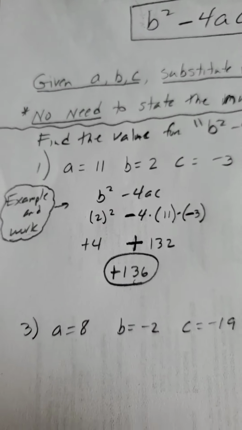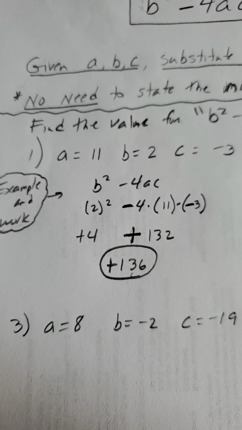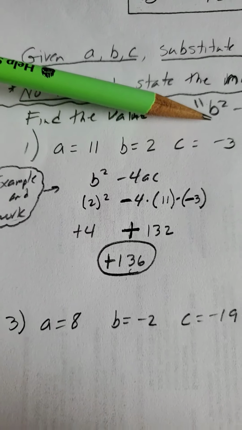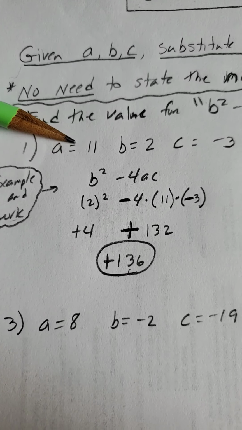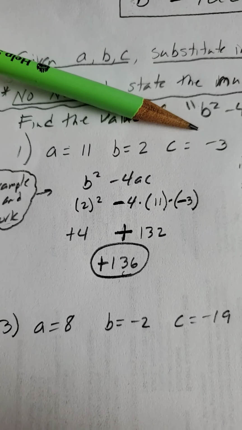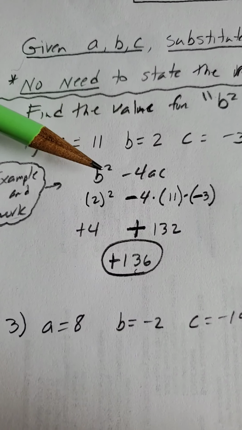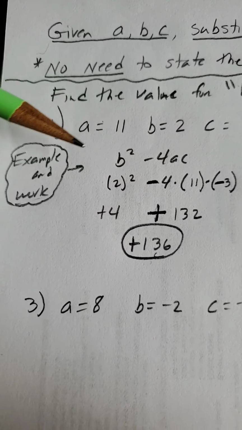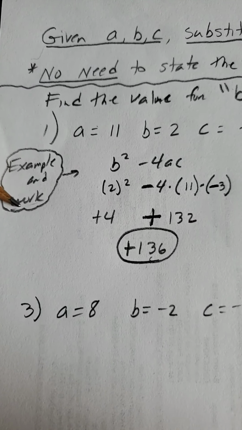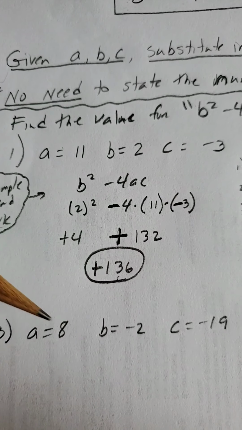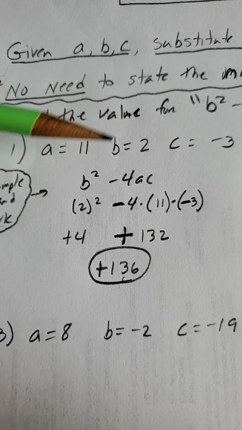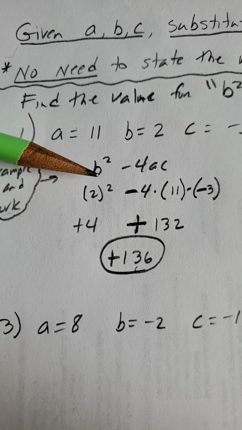Okay, so instead of giving it to you as an x squared, I'm already giving you a, b, and c. I'm telling you that a is 11, b is 2, c is -3. The formula is b squared minus 4ac. I'm going to do this example and show you the work. So one question is going to be done for you. Since b is 2, I take 2 and I square it.